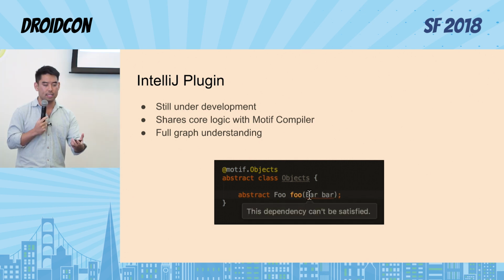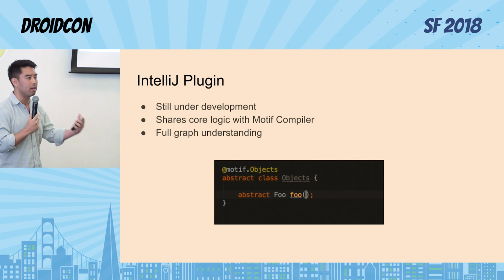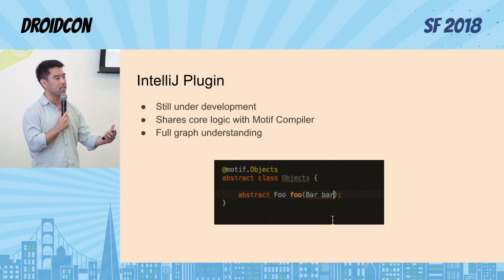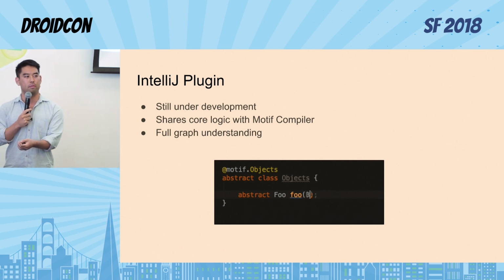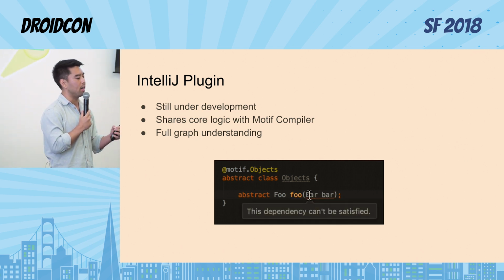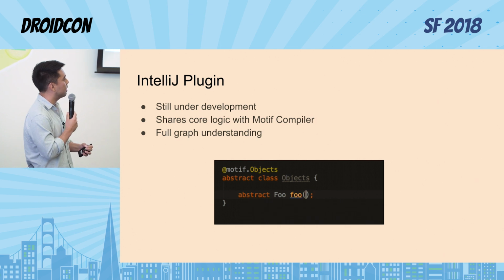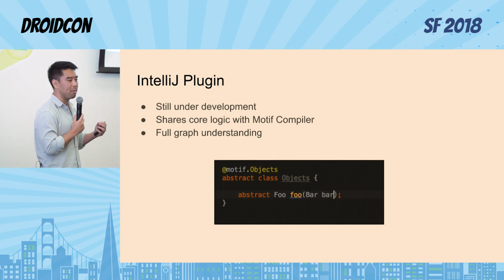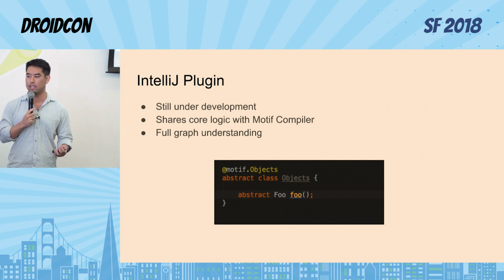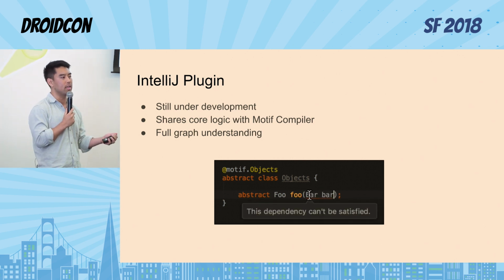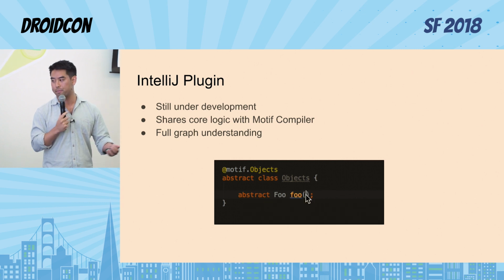And we have to fix that in our source code and recompile to figure out whether or not that passes. So with full integration with the IDE, we can do this much quicker and have a much faster iteration cycle and feedback loop. And it behaves much more like a linter, right? The feedback is instantaneous. And that's because the IntelliJ plugin has full understanding of the graph.